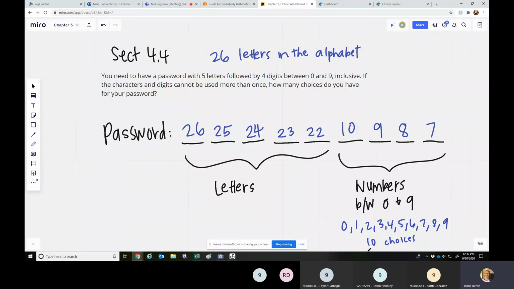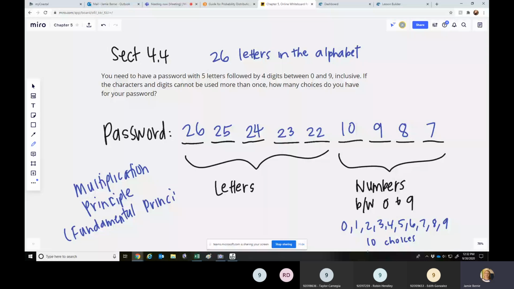And remember the multiplication principle, or your book called it the fundamental principle of counting.